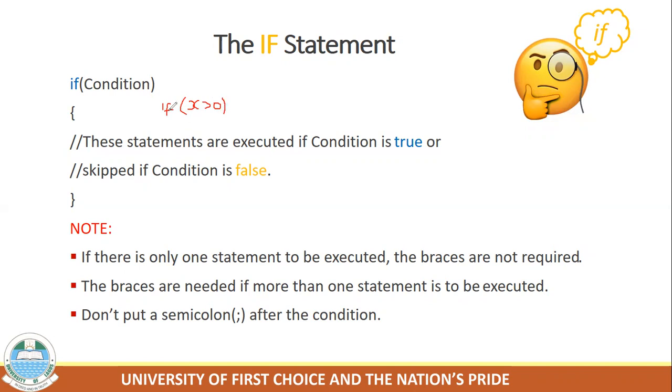If this condition is true, so let's say x is 3, is 3 greater than 0? Yes, it is true. Then it will execute the statements following it. These statements are executed if the condition is true. Else, it will be skipped if it is false.